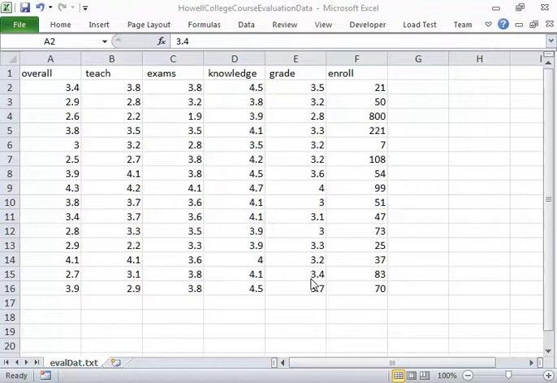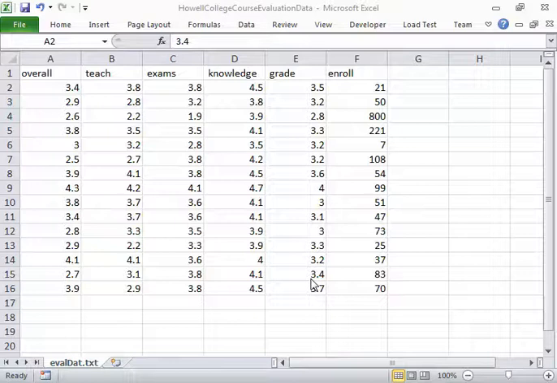Okay, here we have the data for the Howell College course evaluations. Basically, we have all of these factors, and looking at the overall evaluation: the overall rating for the course, the rating of the teaching skills of the instructor, the rating of the quality of the tests and exams, the rating of the instructor's knowledge of the material, the student's anticipated grade, and the enrollment of the course.